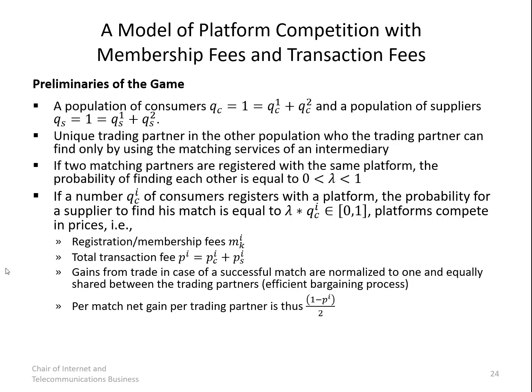Total transaction price is denoted by how much platform i charges to consumers plus how much platform i charges to suppliers. Gains from trade in case of a successful match are normalized to 1 and equally shared between the trading parties, an efficient bargaining process. Per match net gain per trading partner is just (1 minus P_i) divided by 2. This is basically saying that the total value is 1, and this is how much value you can get, taking into account the price you pay to the platform.